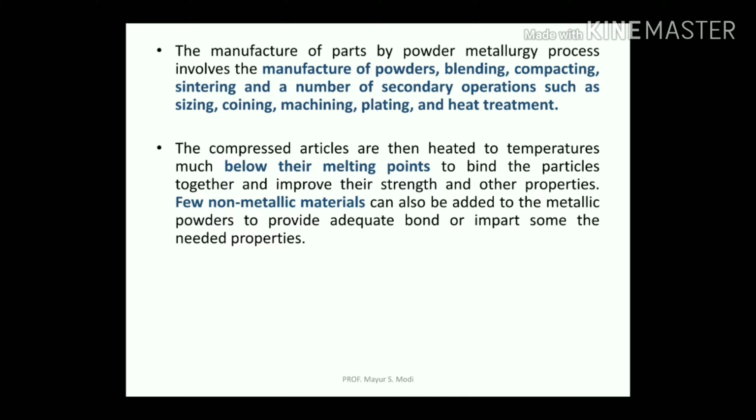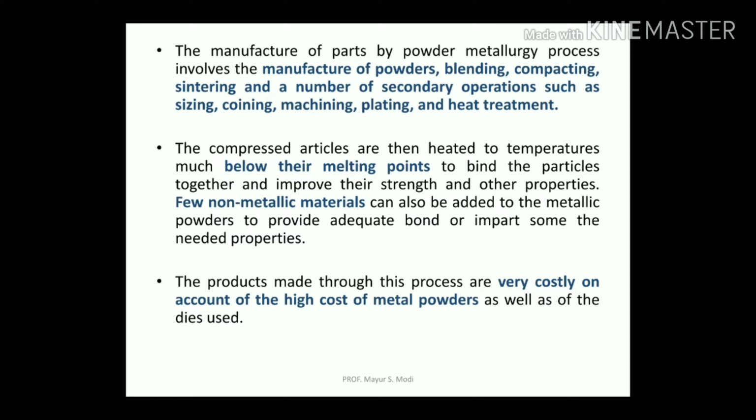A few non-metallic materials can be added to the metallic powders to provide adequate bond or impart some of the needed properties. So in powder metallurgy there is the possibility of combining metallic as well as non-metallic materials, which enhances the properties of the materials.